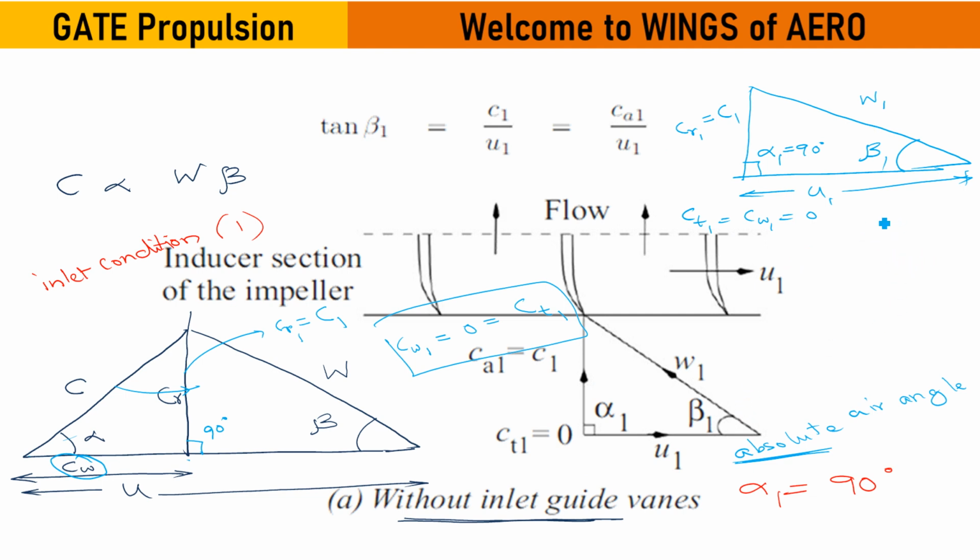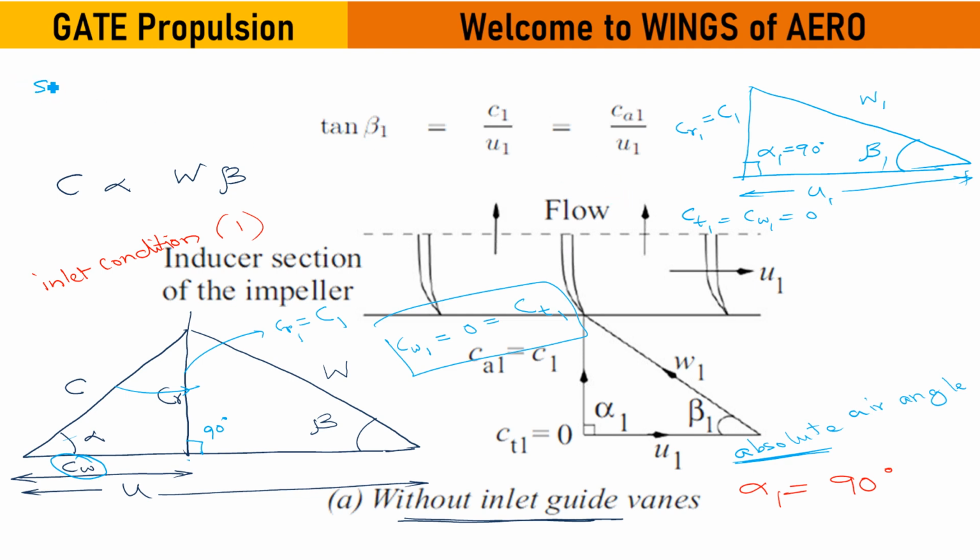In case any of the unknown parameters is asked, using tan beta 1, tan beta means height by base, so you can write C1 by U1 or CR1 by U1, any notation you can take.